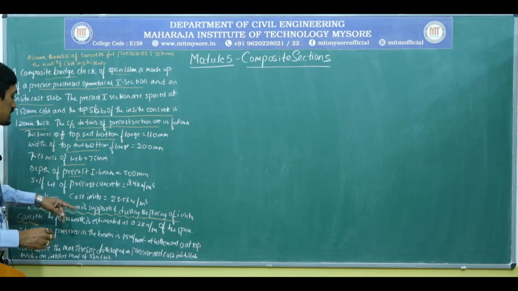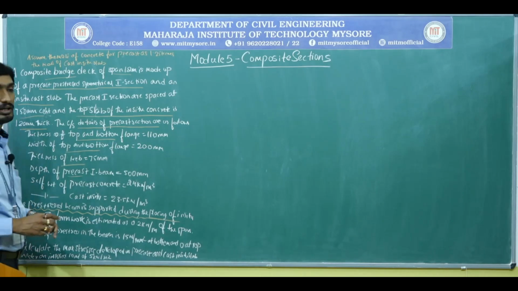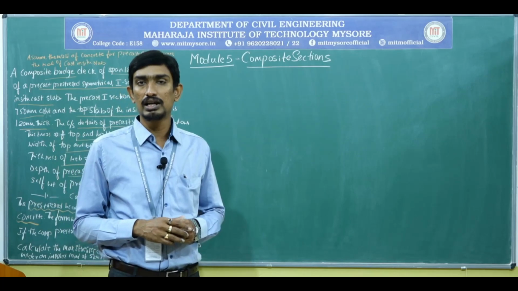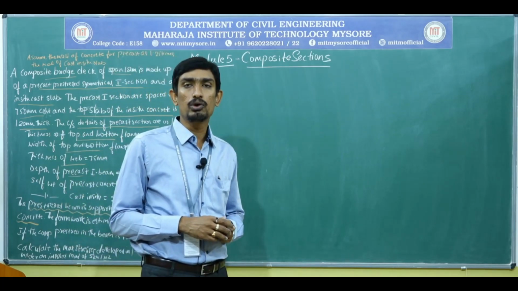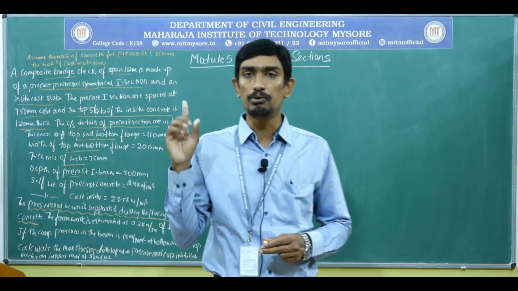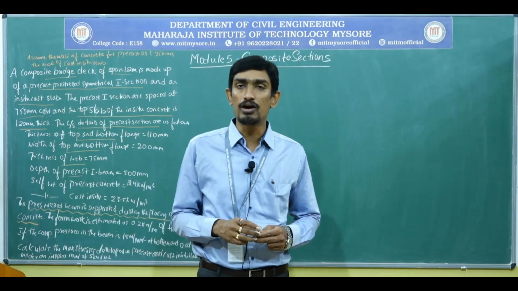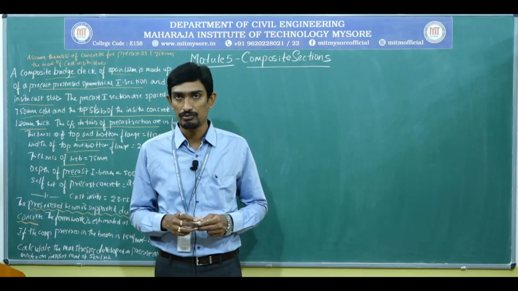What does it indicate? It indicates it is a propped section. So whatever analysis of the composite section I am going to do for this problem, I am going to perform as per the propped construction case.